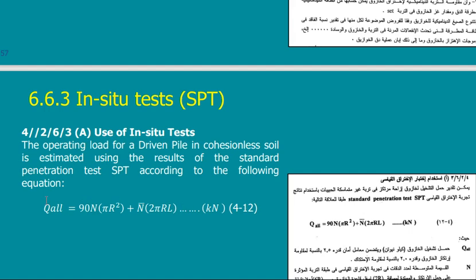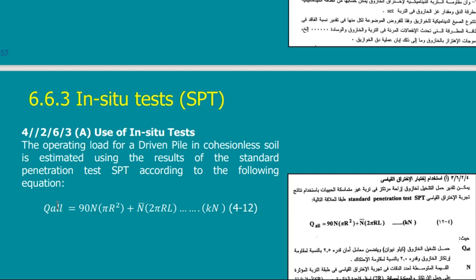So if I tell you in a question, you have a bored pile with the following dimensions, and use this dynamic formula to calculate the Q allowable of this pile, you will use the equation, and then when you finish, you say that this is for a driven pile.